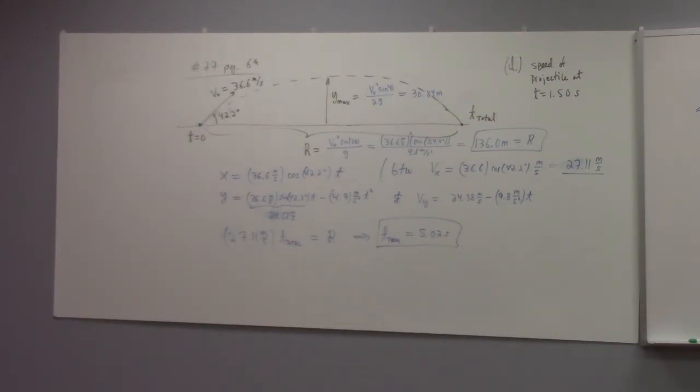I get 28.85 meters per second. So ignoring their sig figs, I should more or less match their answer, yeah? Yep. Yay! Thank you. I still know physics. What do you know? Sometimes.